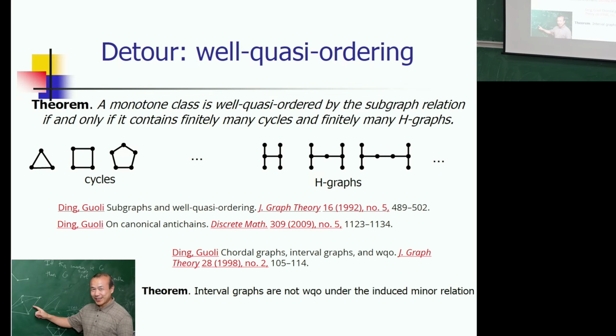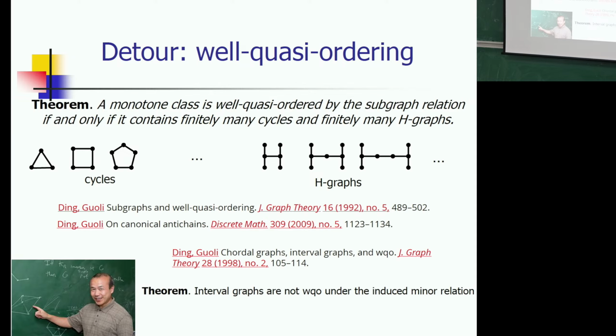By the way, Gualedin contributed to the area of well quasi-order in various ways. In particular, in this paper, chordal graphs, interval graphs, and well quasi-order, he studied the induced minor relation. It's another partial order on graphs, and he proved that interval graphs are not well quasi-ordered under the induced minor relation. So he found an infinite anti-chain of graphs with respect to the induced minor relation.